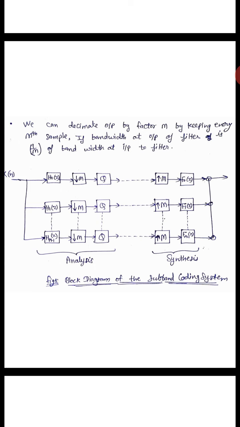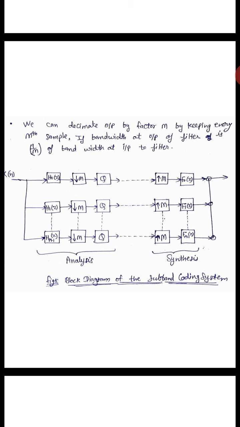This is the basic block diagram of the subband coding system. Decide the amount of decimation: if the bandwidth at the output of a filter is 1 by m of the bandwidth at the input to the filter.